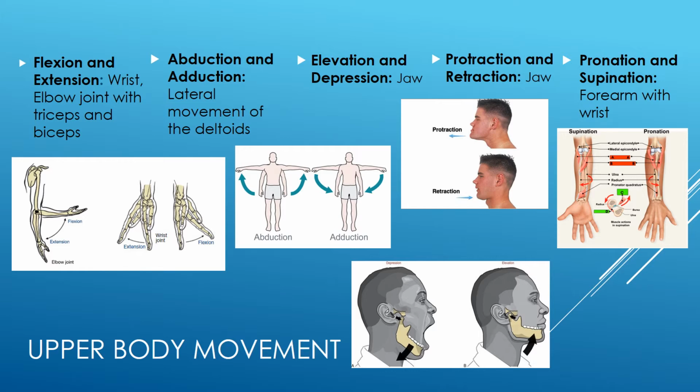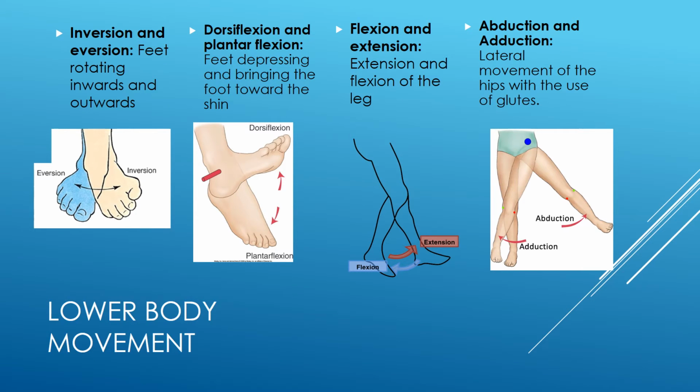We have elevation, depression, protraction, retraction of the jaw, pronation, supination of the forearm and wrist, inversion and eversion of the foot. We have dorsiflexion and plantar flexion of the foot, as well as flexion and extension, adduction and abduction of the legs.